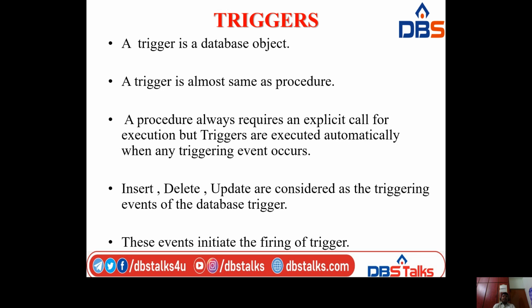Coming to the next very important concept, triggers. Generally, in a database environment, we prepare forms, reports, and other things. In a form we use buttons and other components, for example text boxes where we enter values.